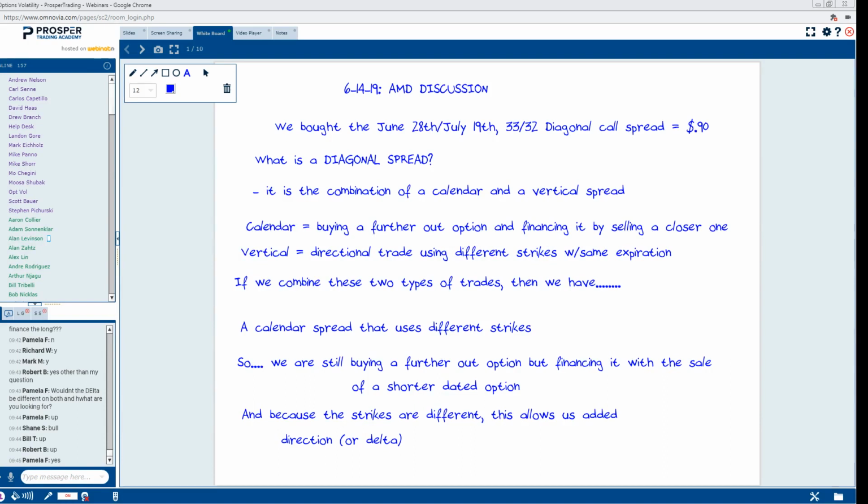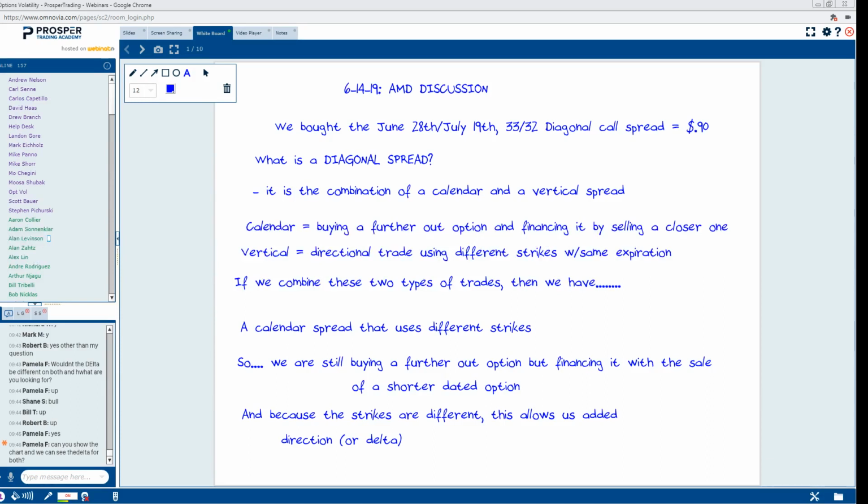Okay, great. Now, why the strikes we chose, and why this type of spread rather than just using either a calendar or a vertical? Well, if we used a calendar spread, which would have been fine, we could have used the 32 or the 33.